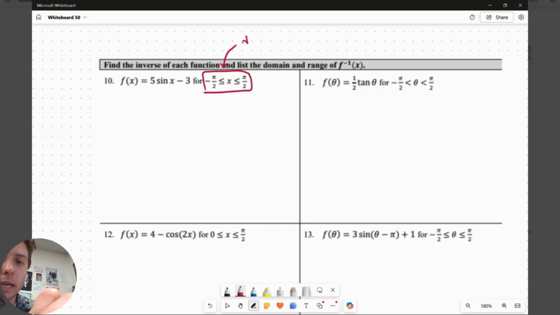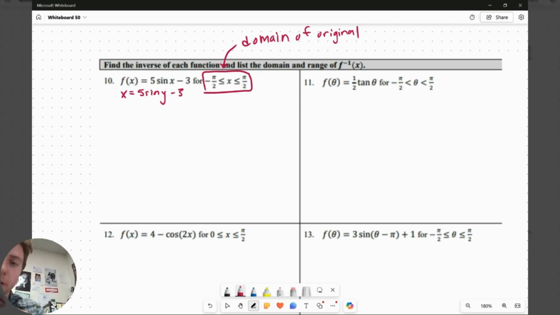This is the domain of the original. So what we need to do is first start by finding the inverse, is what they said. So remember, to find an inverse, you switch the x and the y. So now our function looks something like this.